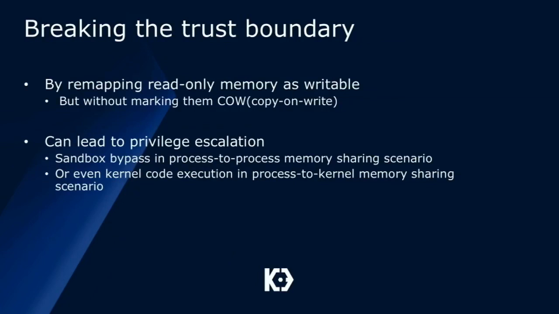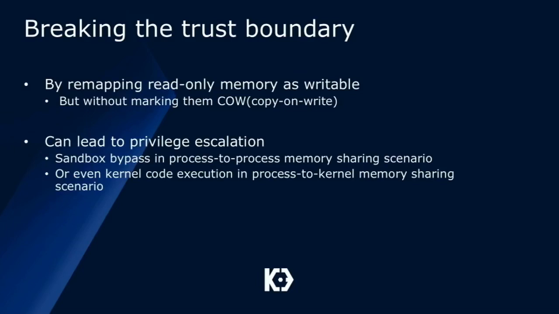When there is a way found to make the mapping writable, then the whole trust boundary of the memory will be broken. But you need to make sure that the memory is remapped into writable without marking it copy-on-write. Otherwise, another copy of the physical memory will be introduced and you are not able to mutate the original physical copy of the mapping.